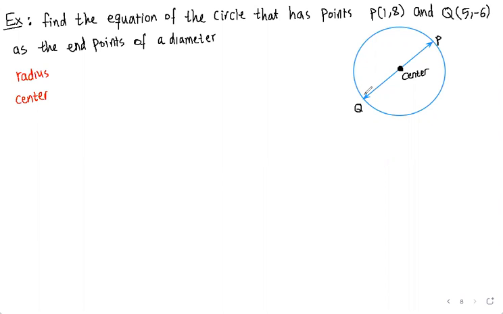Subtracting doesn't help, because I could not find the radius or the center. Even if I subtract this from this one and this one from this one, they will not give me the center and they will not give me the length of the radius either. So how can I find the center?